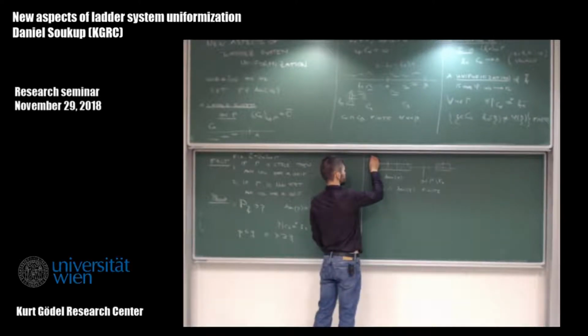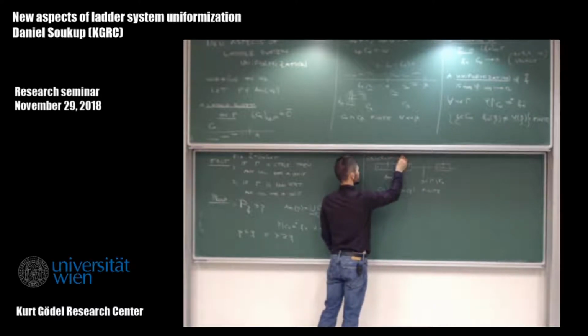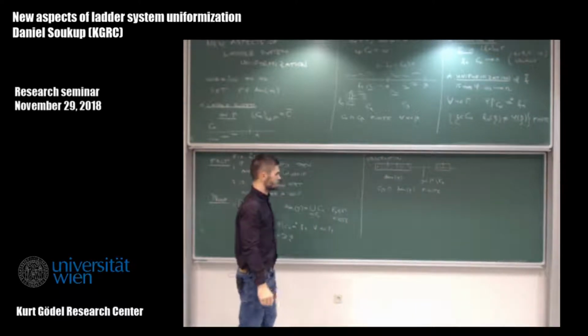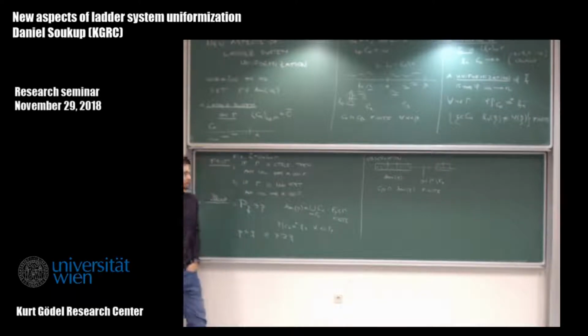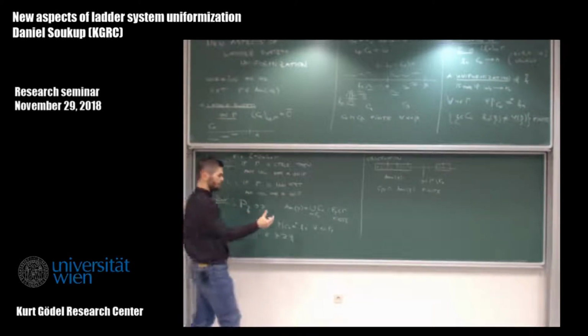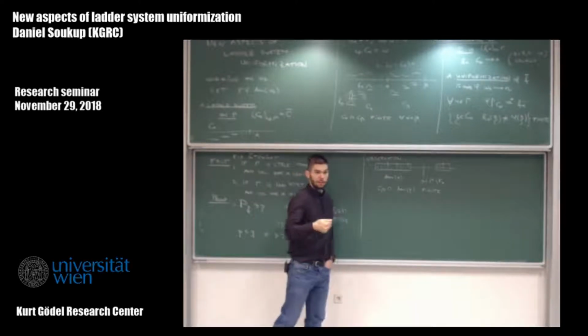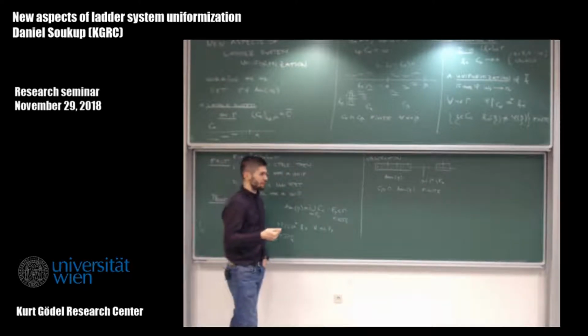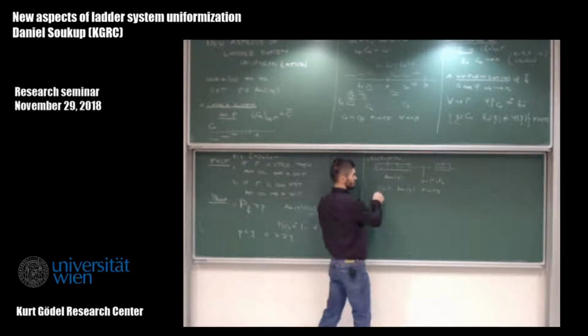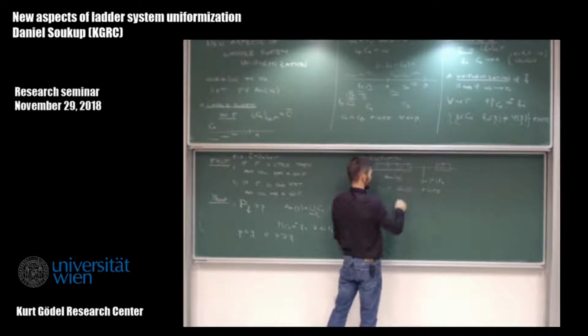This is just a small observation. So if I have a condition defined on finitely many ladders and I want to add another ladder, I can do it because the new ladder only intersects in finitely many places.